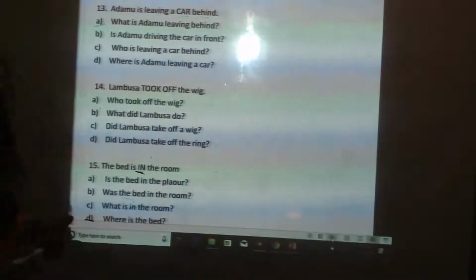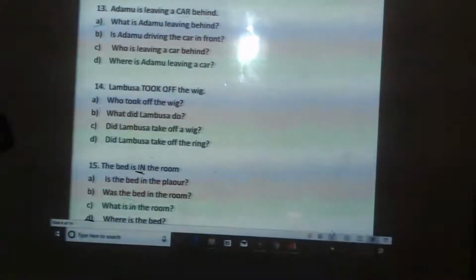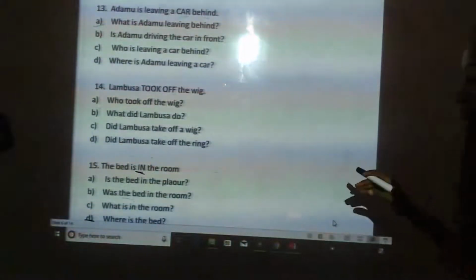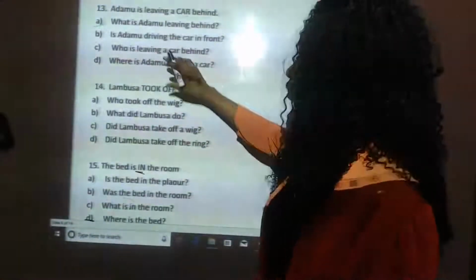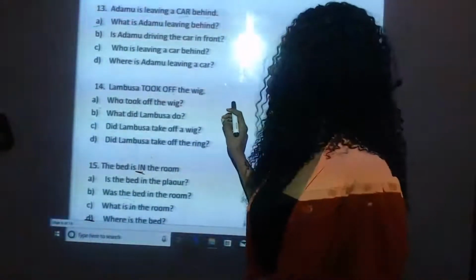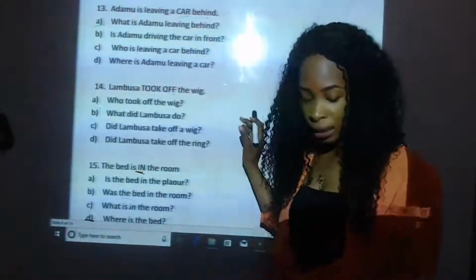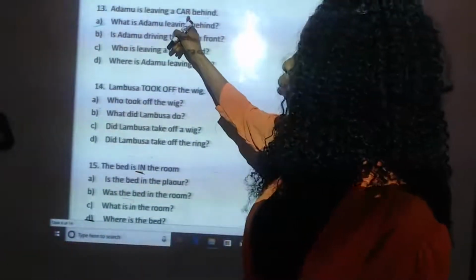So that is all for emphatic stress. It's just the laying of importance in a particular word in a sentence for you to be able to clarify what the sentence is talking about. So, like I said before, in order to derive the right answer, first of all, you're going to look out for the emphasized word.